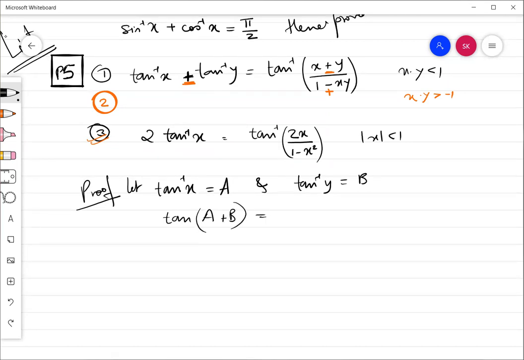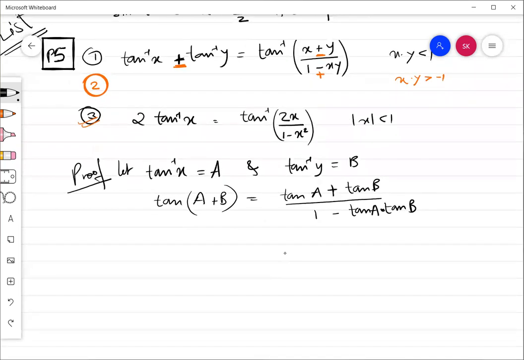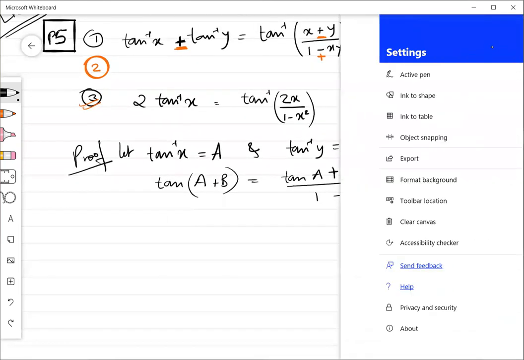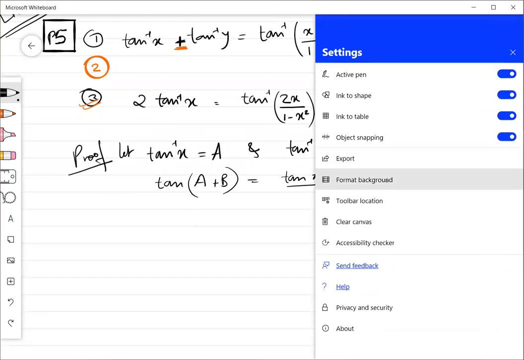वो फॉर्म्युला 11th आशिल्लो tan of x plus y or tan of a plus b formula. It is equal to tan a plus tan b upon 1 minus tan a into tan b. वो फॉर्म्युला सगळ्यांक खबर आसतलो. Let me just put a grid line over here.